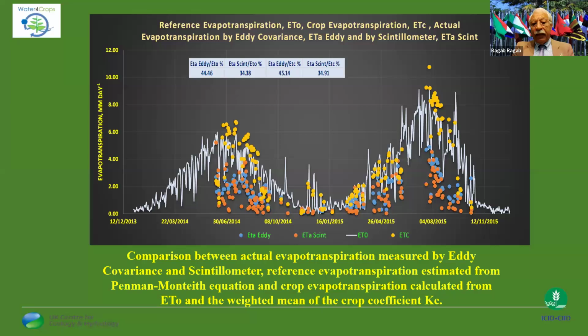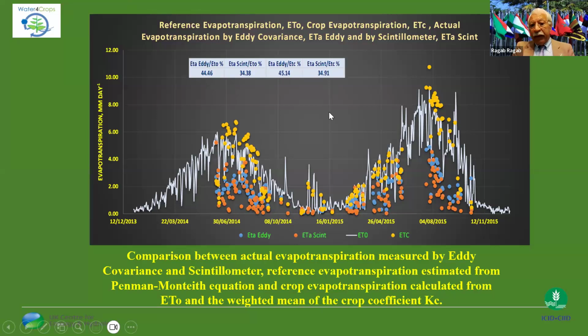And when we compare the total evapotranspiration of the season obtained by the Eddy Covariance, it is about 45% of what is calculated by the modified Penman-Monteith equation. And when we look at the scintillometer values, they are really 35% when compared to the ETc obtained by the modified Penman-Monteith equation.